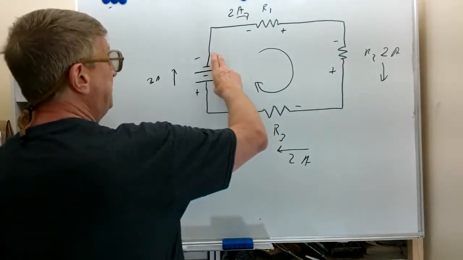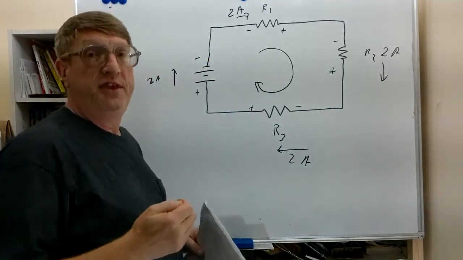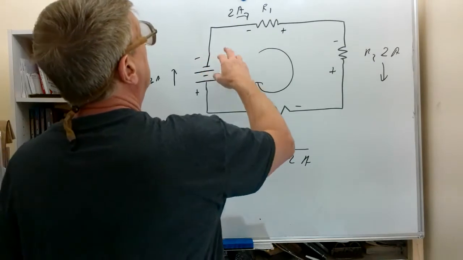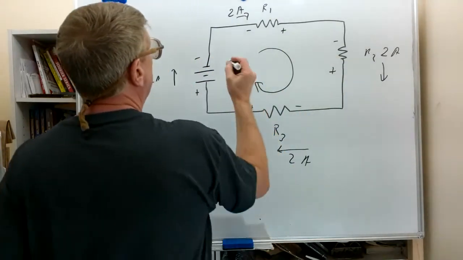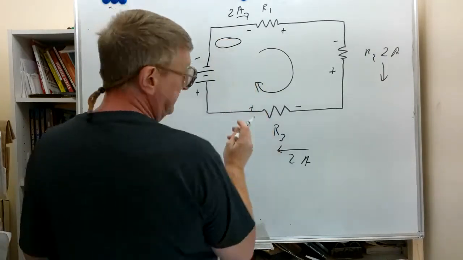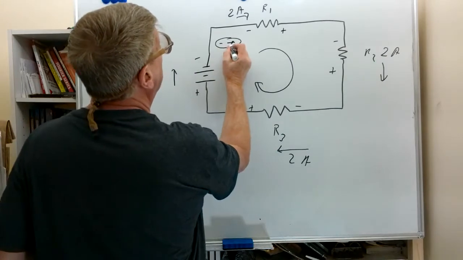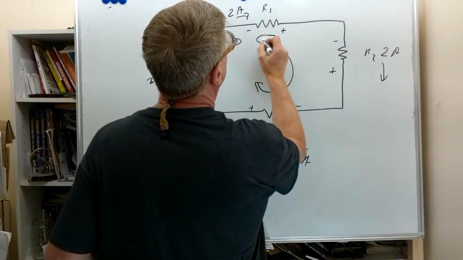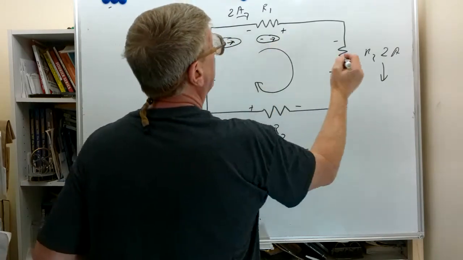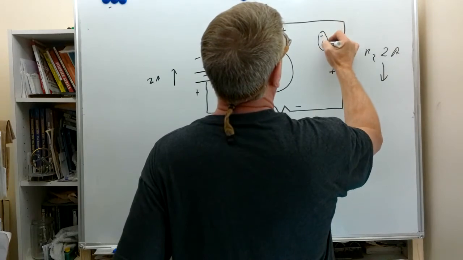The potential difference across this battery provides the motivation to cause these electrons to flow through this circuit. And we'll make these little ovals here to kind of represent the electrons, negative charge and an arrow in the direction. We'll do some more here, negative charge and an arrow.